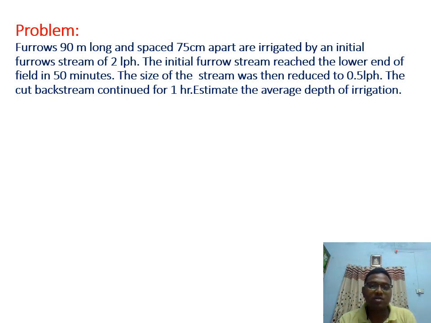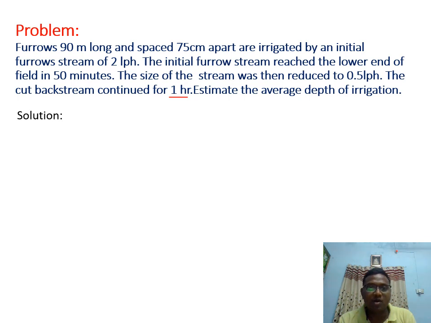The initial furrow stream reaches the lower end of the field in 50 minutes. The size of the stream was then reduced to 0.5 lps. The cutback stream continued for 1 hour. Estimate the average depth of irrigation, using the previous formula.